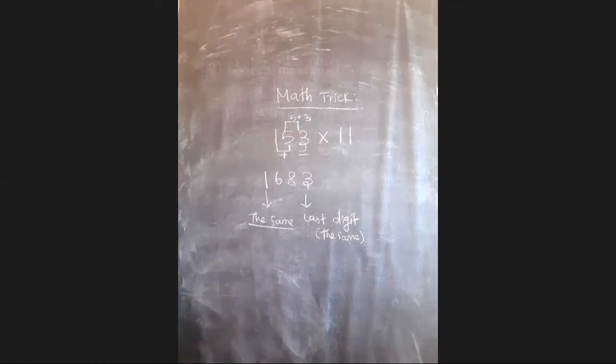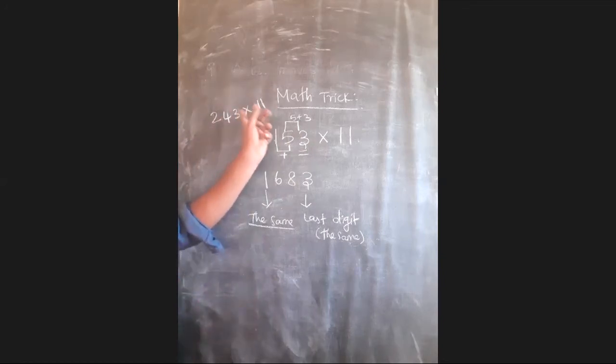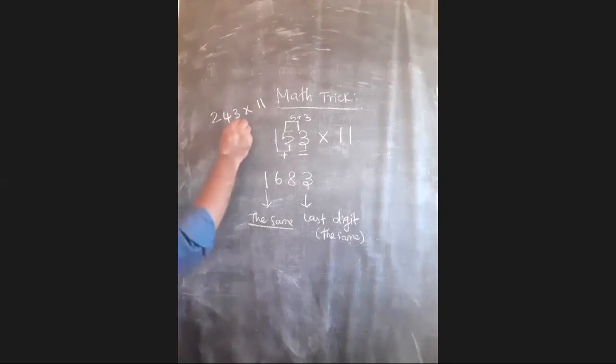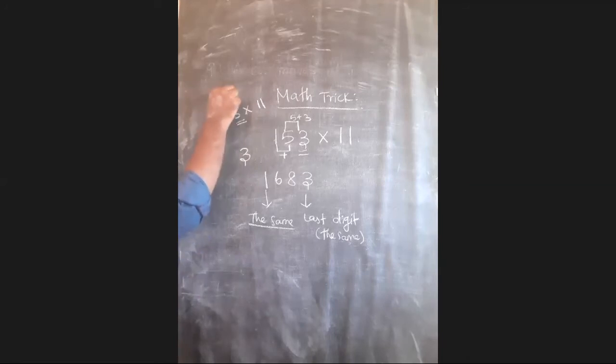Okay, next, 243 into 11. Write the last number 3. Then 4 plus 3, 7. Then 2 plus 4, 6. And write the first number as it is. 2673 is your answer. Over.